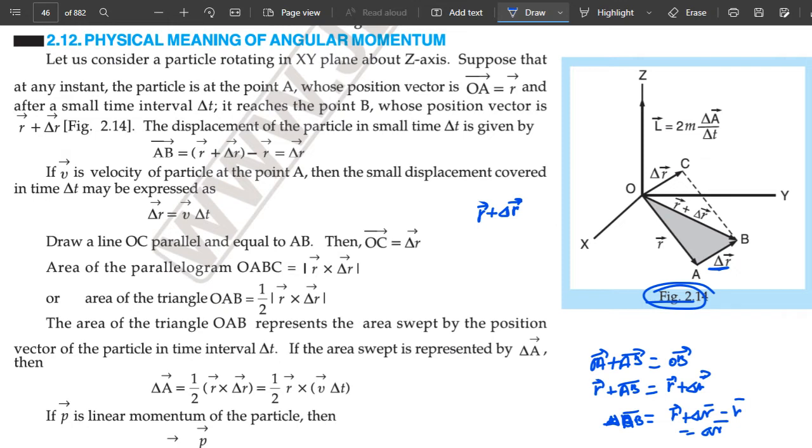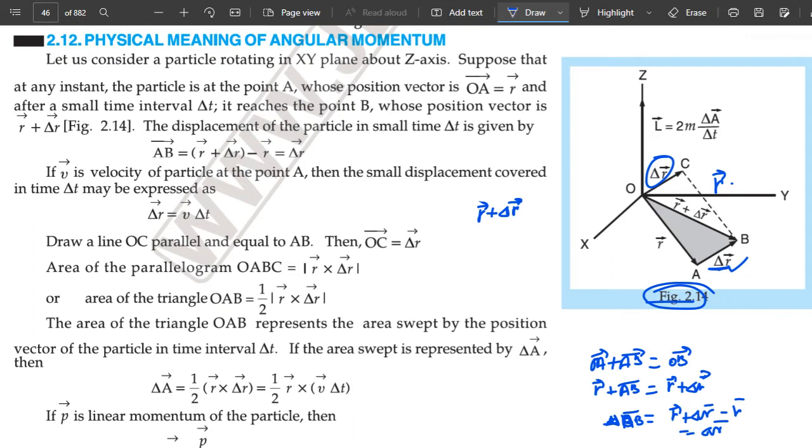Then AB is delta R, so automatically OC is delta R, right? And this is equal to R.